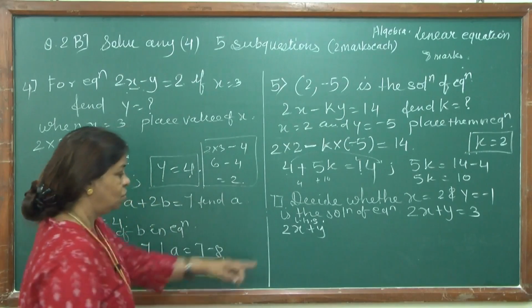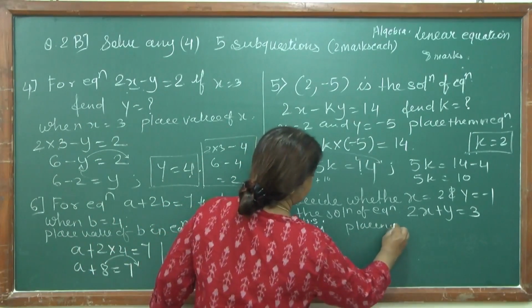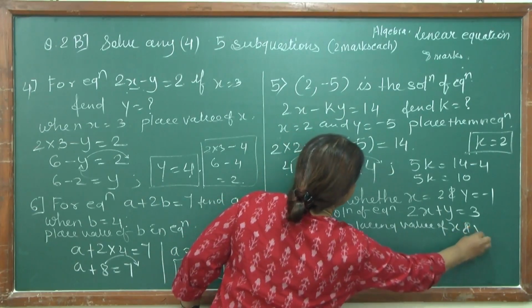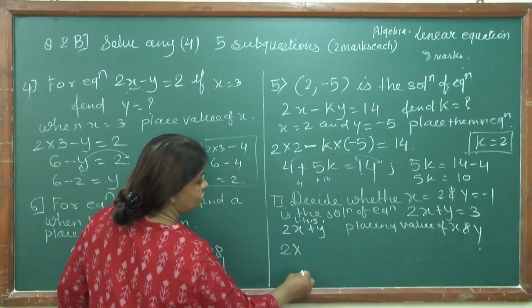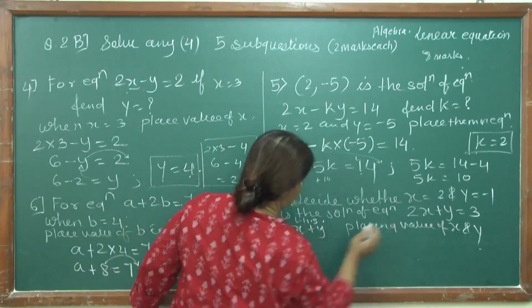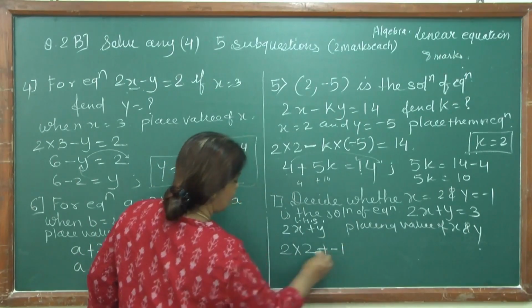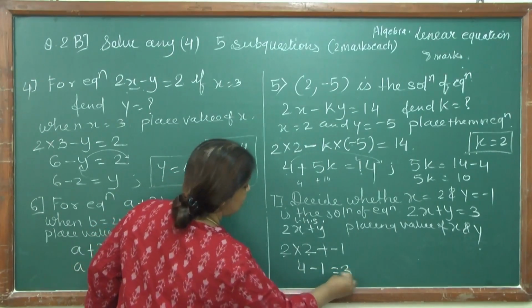Placing the value of x and y in the equation, 2 into 2 plus minus 1. 2 2s are 4 plus minus 1, which is equal to 3.